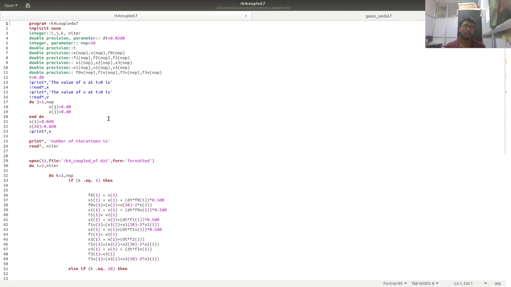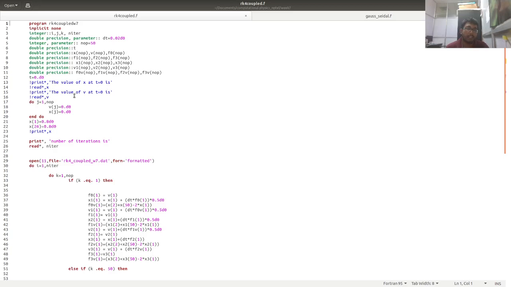So we have this code, right? First of all, we assigned dt to be 0.02 and the number of particles is 50. Then, instead of taking x, v, f naught each to be just a single value, we have assigned them to be one-dimensional arrays.